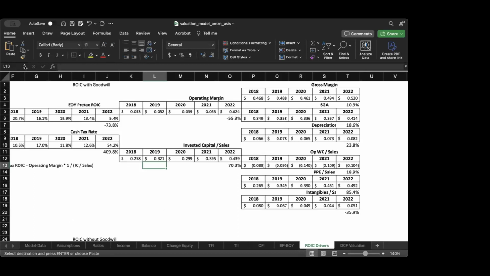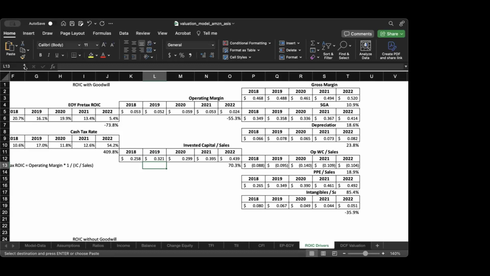So invested capital to sales is increasing, which is negative to pre-tax ROIC. We can see that operating working capital to sales is increasing, which is positive. So that probably isn't having the biggest impact on invested capital to sales.